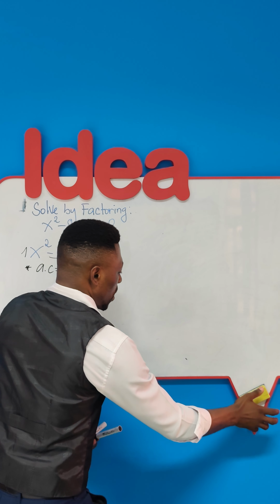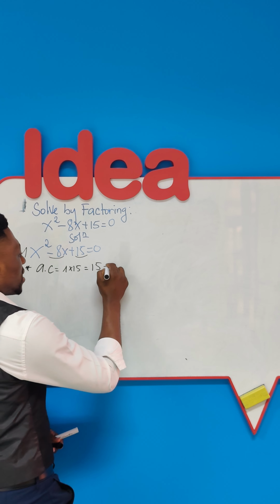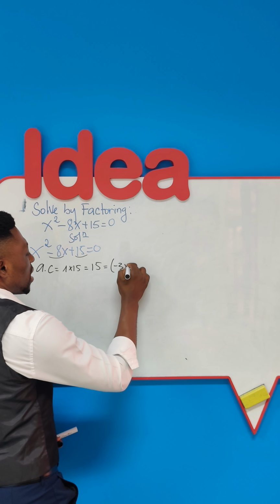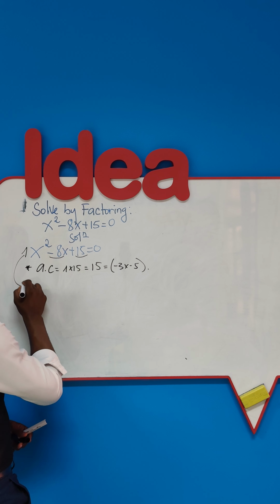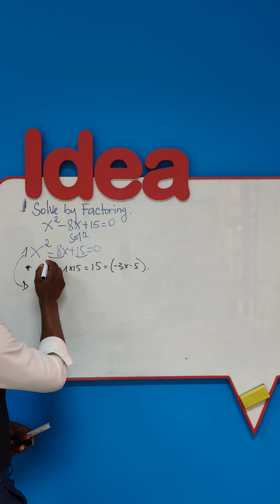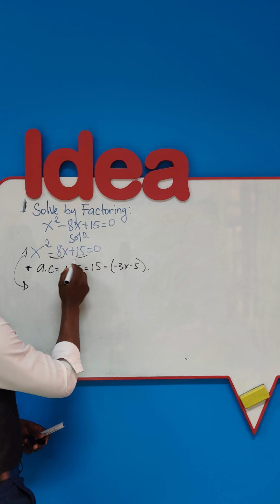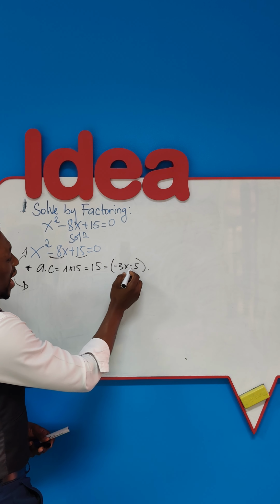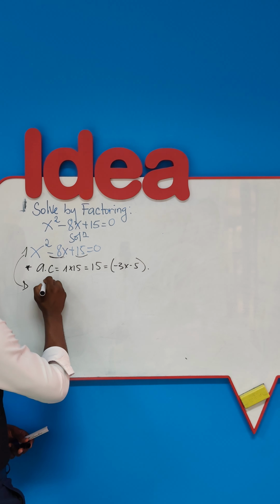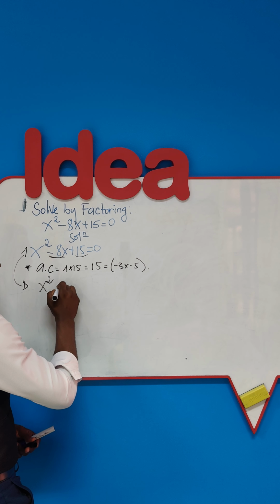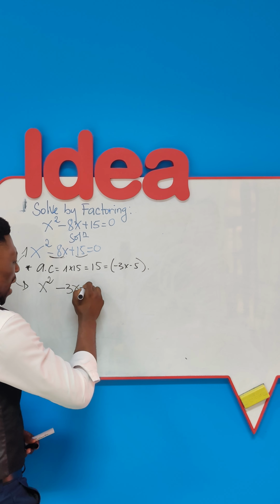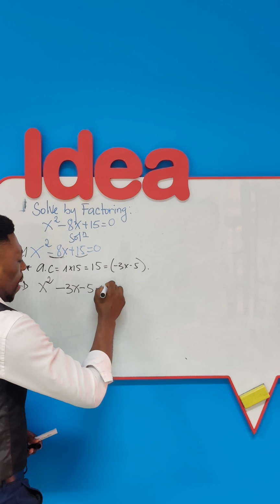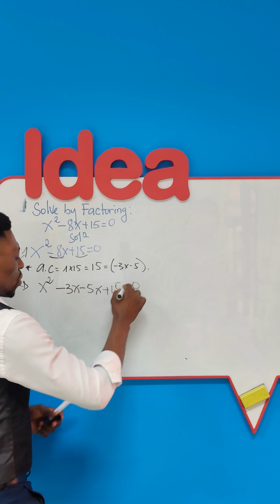So I start by rewriting that this is the same as negative 3 times negative 5. Let me rewrite my equation. This time around, I'll replace negative 8x by negative 3x and negative 5x. So I write this as x squared minus 3x minus 5x plus 15 equals 0.